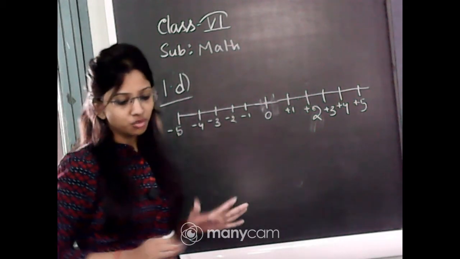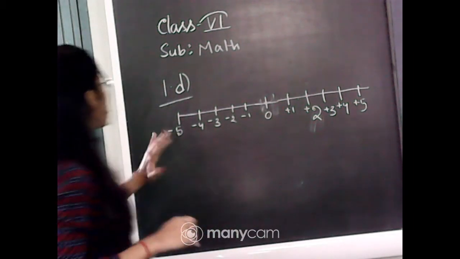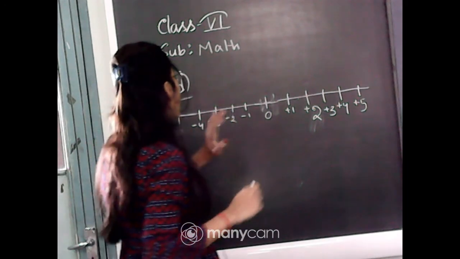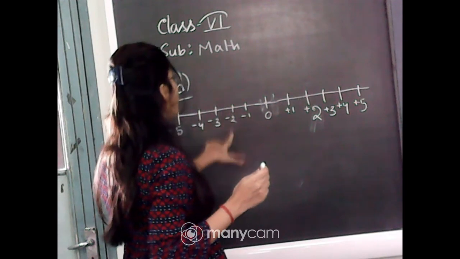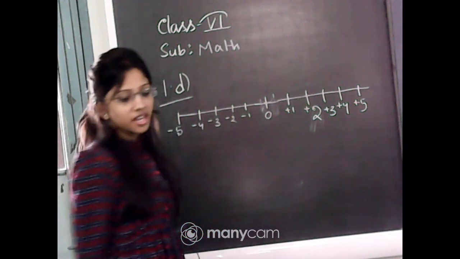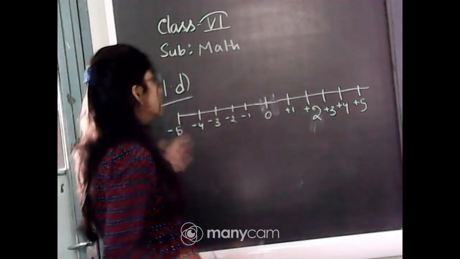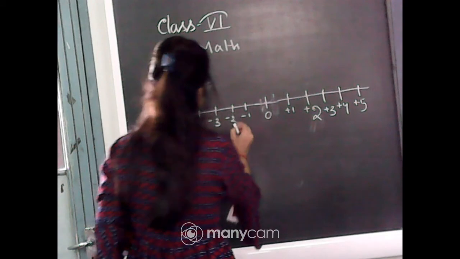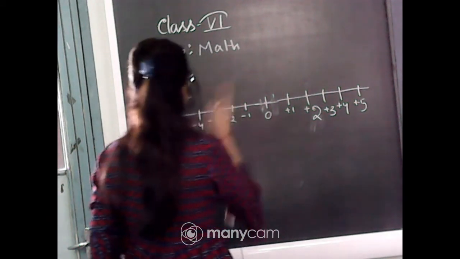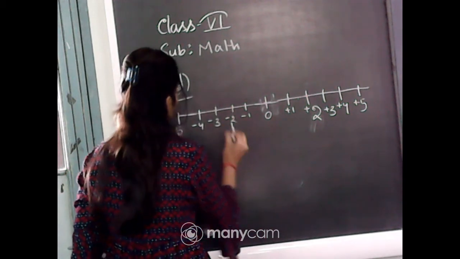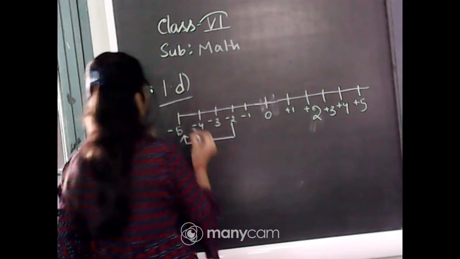Here we want to find the integer which is 3 less than minus 2. So we start from minus 2 and move 3 steps to the left of minus 2. Since here it is less than, we move to the left. And we reach the point minus 5.